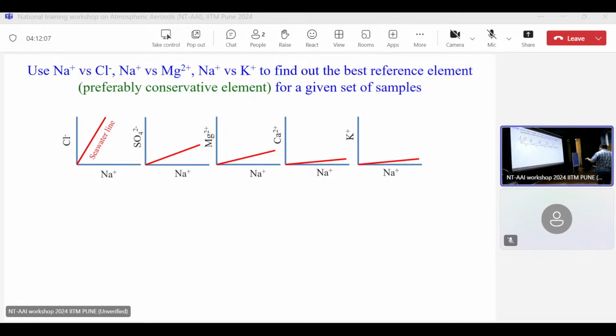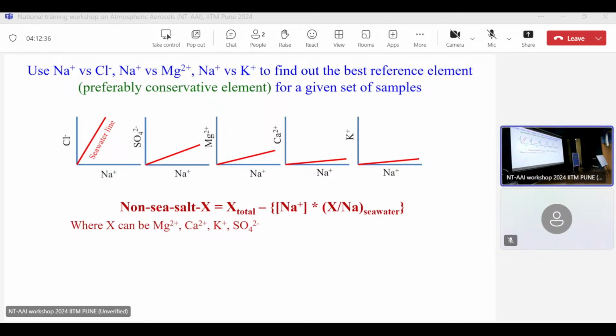Suppose points are falling below, that means in samples sodium is coming from some other sources. So if you still use sodium as a reference element, whatever calculation you do is a wrong estimation. Right? So this is the way to find out whether the reference element you are using is correct or not.